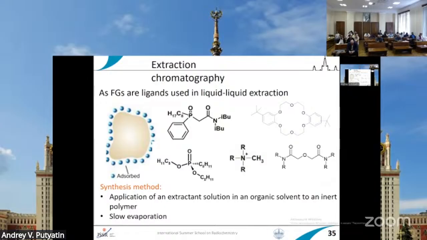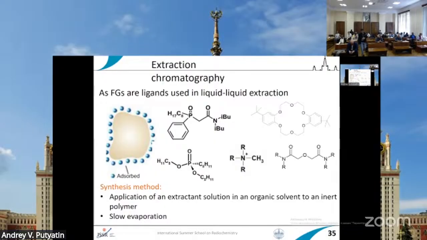And also in solvent extraction chromatography, the main difference here is that there are no chemical bonds between the molecules of extractant and the surface. It's just van der Waals forces that connect the polymer with the molecules.